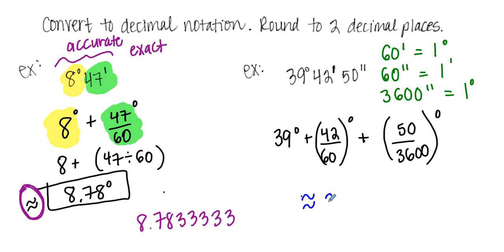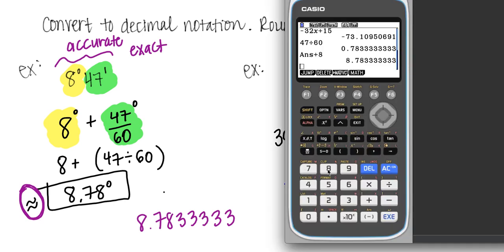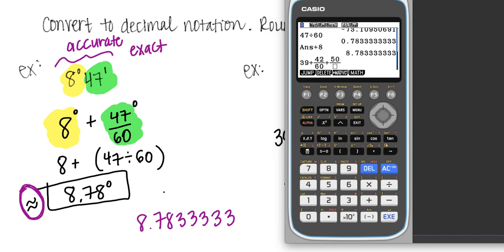Okay, I put it into my calculator, and I got 39.71 degrees. Now, if you have a fancy calculator, you could probably use your fraction bar to put your 42 over 60, and then use your fraction bar to put 50 over 3,600.